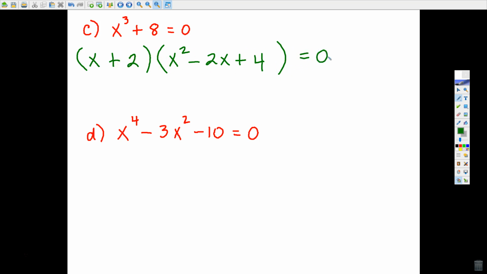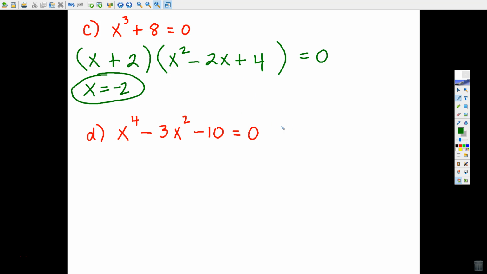How many solutions am I looking for? 3. And they come from the factoring. One of my solutions is pretty easy to see. If I let x plus 2 equal 0 and solve, I get x is -2. 1 down, 2 to go. Josh, can I factor x squared minus 2x plus 4?